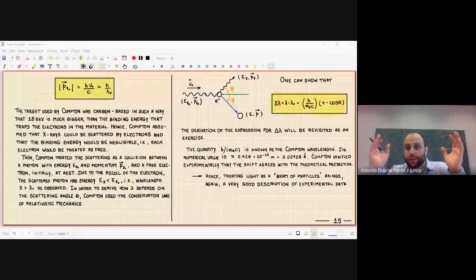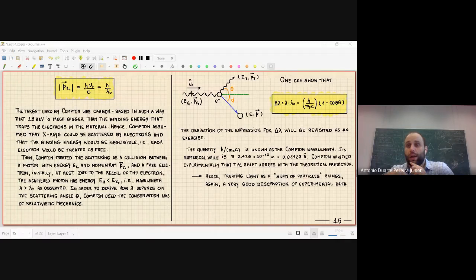So scattering is a very important thing in elementary physics. But the Compton effect that we described is very important in order to understand that you have to describe light as a beam of photons in order to get to this equation, which agrees with experiments. So it's really a very important conceptual thing.